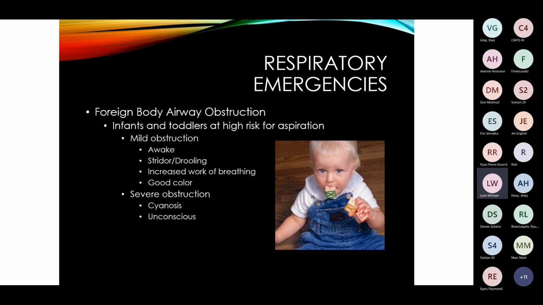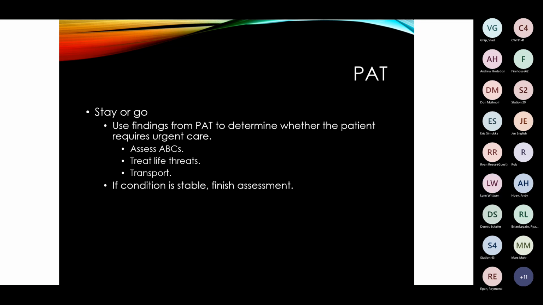They'll get some stridor because it's an upper airway thing. They'll have increased work of breathing, but generally good color. They're moving air and they're oxygenating. With severe obstruction, of course, the child becomes cyanotic and ultimately becomes unconscious due to anoxia or hypoxia.